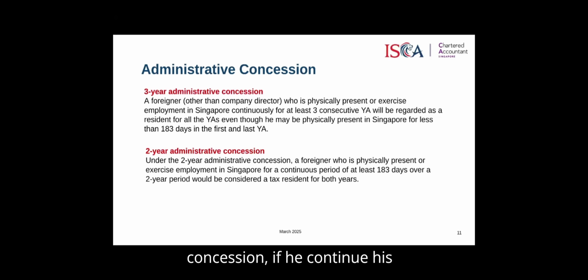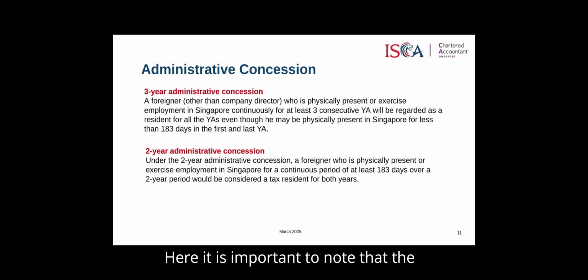However, under this concession, if he continues his employment and we add up his total period of employment or his physical days present in Singapore to 183 days or more for the 2 YAs, he will still be considered a tax resident for both of the YAs.